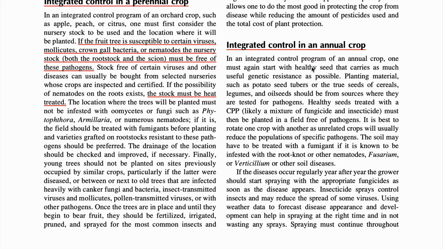In an integrated control program of an annual crop, one must again start with healthy seed that carries as much useful genetic resistance as possible. Next, planting materials such as potato seed tubers or the true seeds of cereals, legumes and oilseeds should be from a source where they are tested for pathogens. In a nutshell, healthy seeds need to be taken.